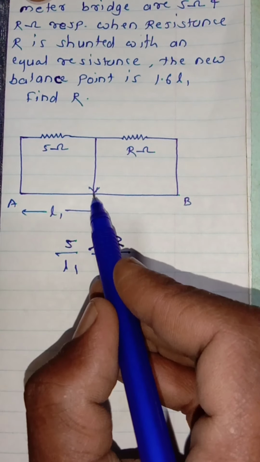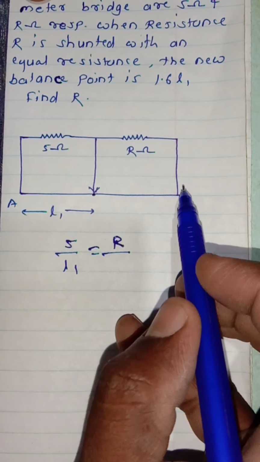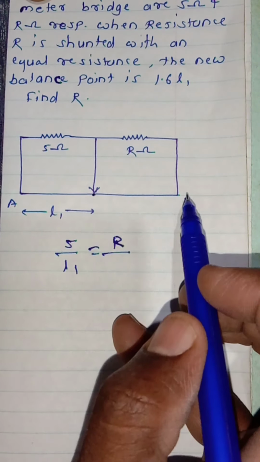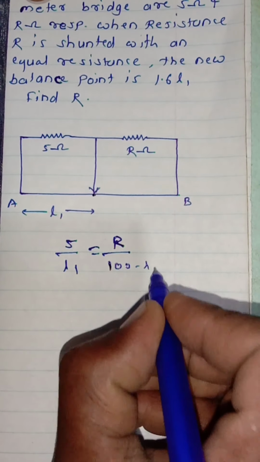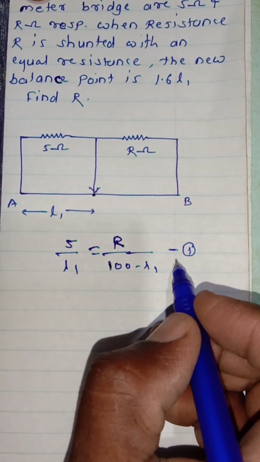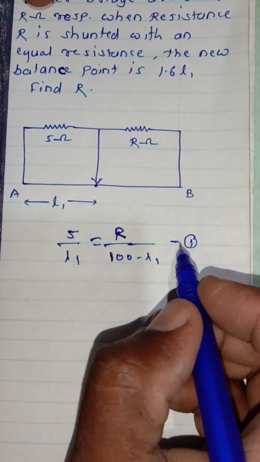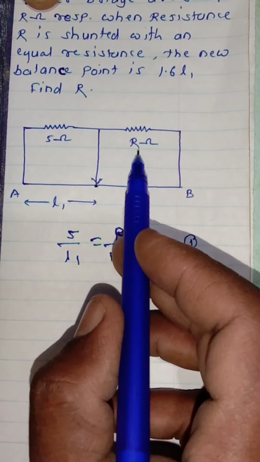From that point the length is L1, and taking the total length as 100 cm, from that point to B the length is 100 minus L1. Okay, then 100 minus L1. This is equation first.